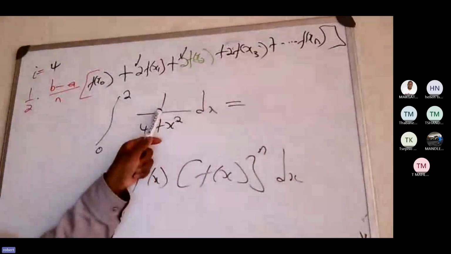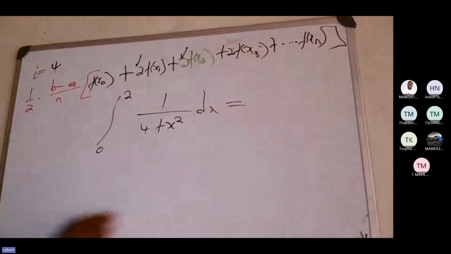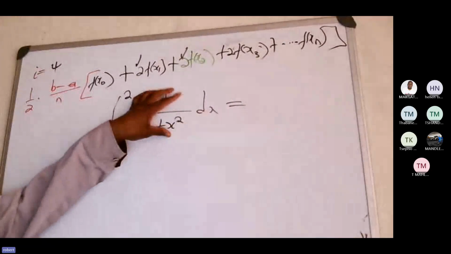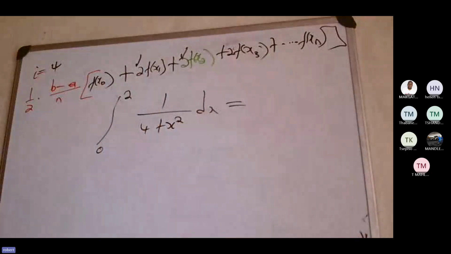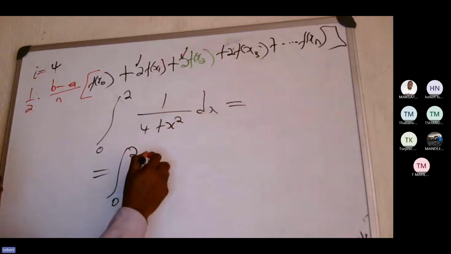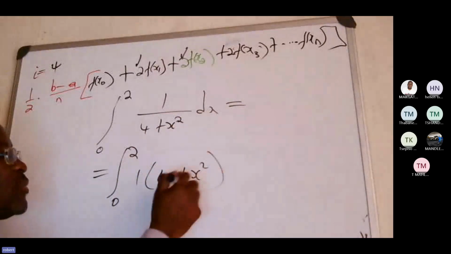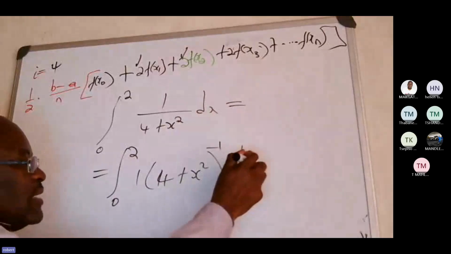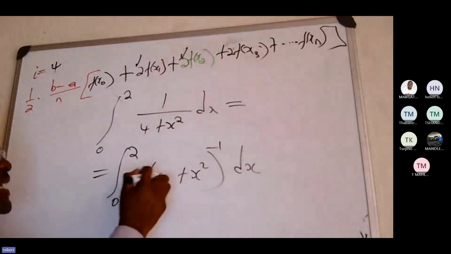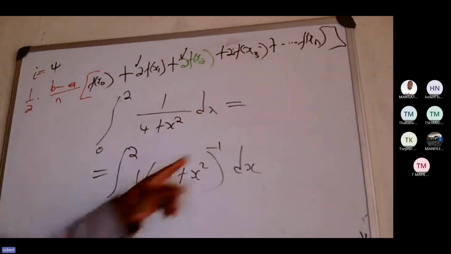It's not in fraction form, it's in product form. If you want to see it properly, rewrite this fraction in product form. Then this will be the integral from 0 to 2 of 1 times (4 plus x squared) to the exponent minus 1 dx. If it satisfies the general power rule, then it's going to be easy.